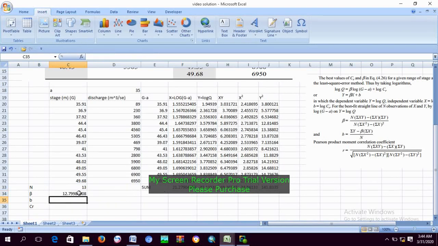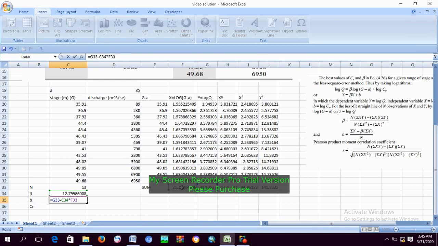And after determining this value, we can determine beta. b is equal to the summation of y, this value, minus beta times the summation of x. What is the summation of x?